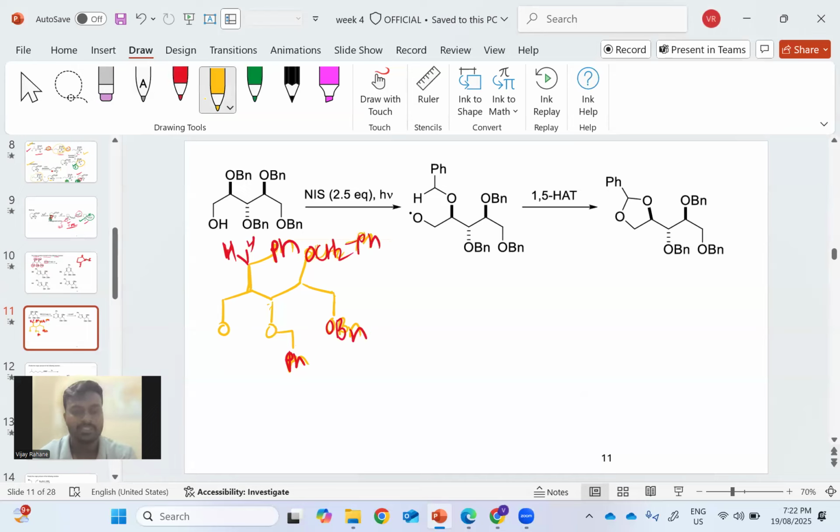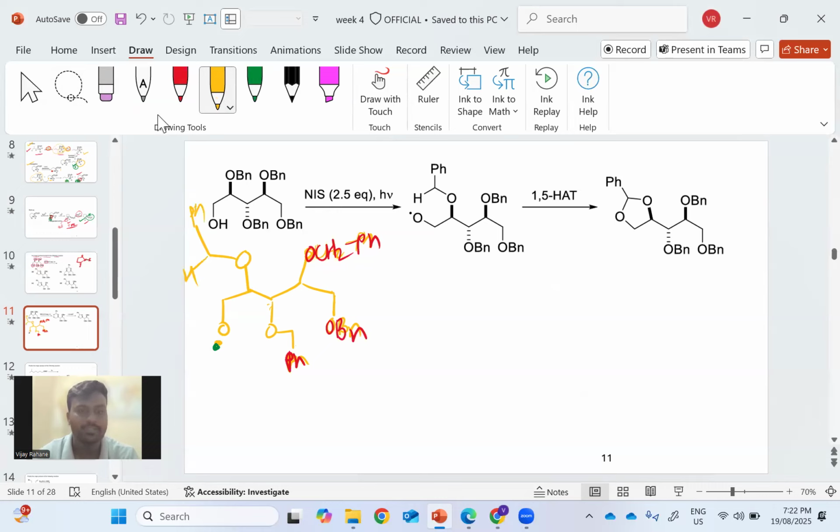Anyway, once this radical forms at this oxygen, oh sorry, I just forgot to draw the oxygen atom here. There was an oxygen in between in OBn, right? So this is O, then this is CH2, and then there is Ph.